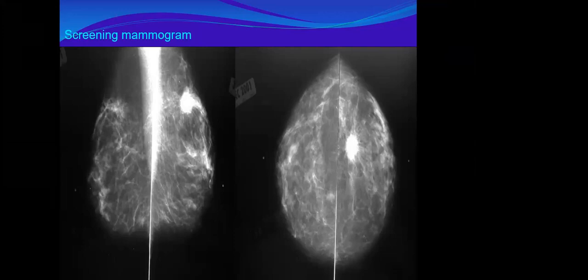MLO and CC views showed a hyperdense mass, a hyperdense spiculated mass, excellent, in the upper outer posterior left breast.